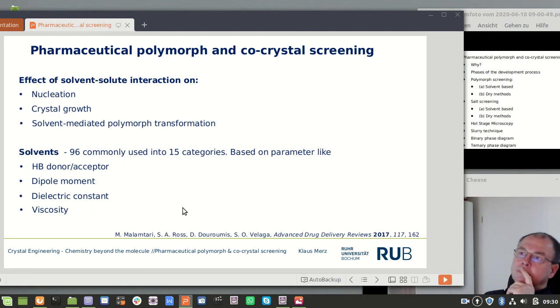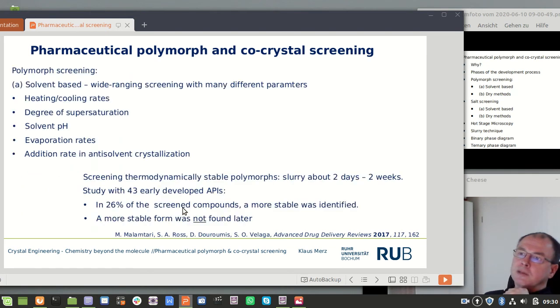You see, so many parameters should be kept in mind if you're looking at crystallization behavior from solution.